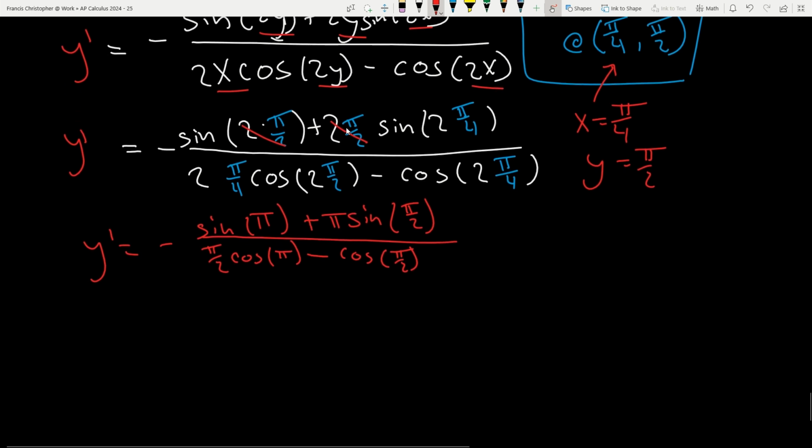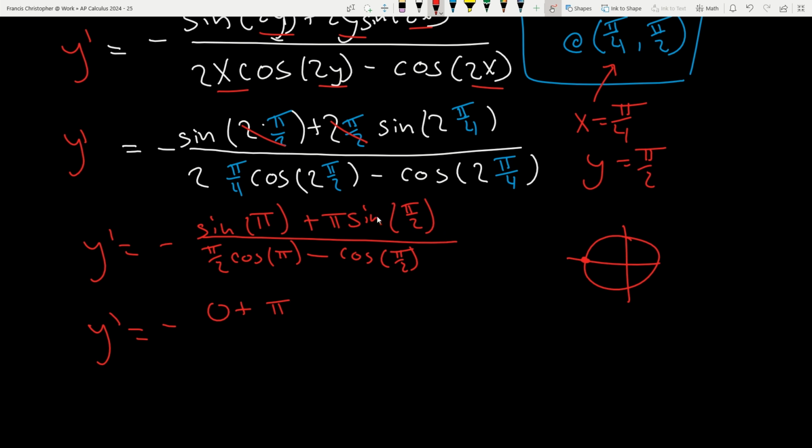Right, sine pi, yeah, that should be correct. And then now we have y prime equals negative, well, sine of pi, if we look at the unit circle, the y value at pi is 0, so 0 plus pi, and then the y value at pi halves, or 90 degrees, is 1, so sine of pi halves is 1, which leaves us with pi, and then this is pi halves times cosine of pi.